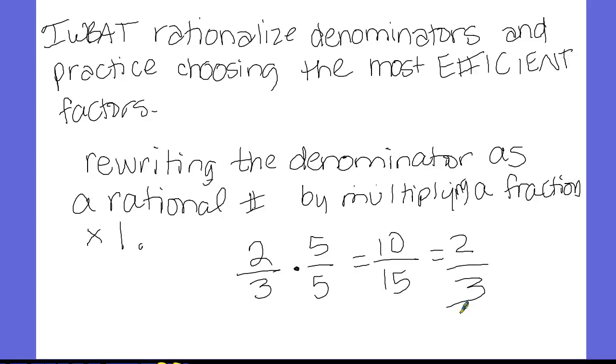Yes, it is, right? So what I did was I rewrote 2/3 as 10/15 by multiplying it times 1, and I got two equivalent fractions. So that's what we're going to be practicing here. The difference is our denominators are going to be irrational, and we're going to have to make them rational.